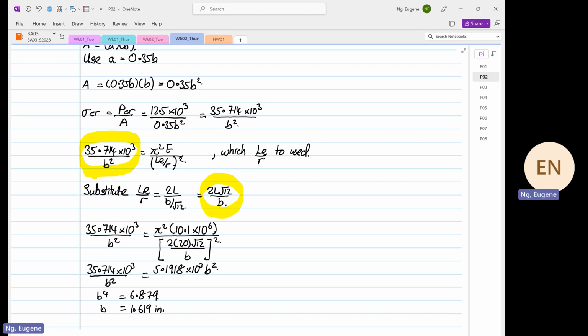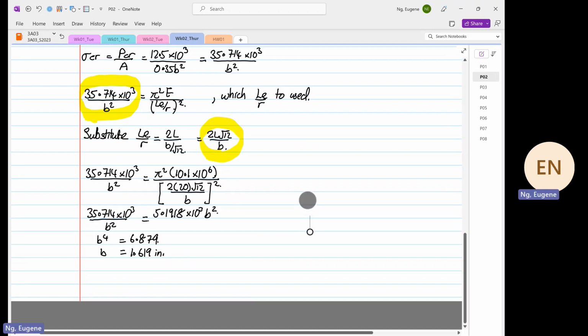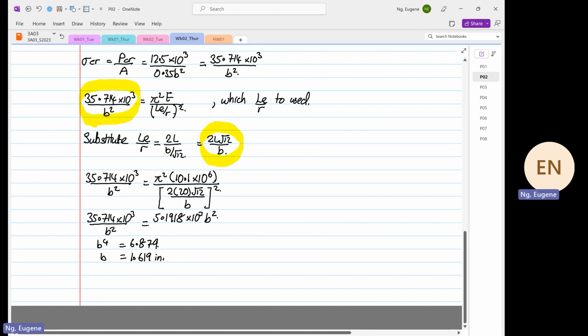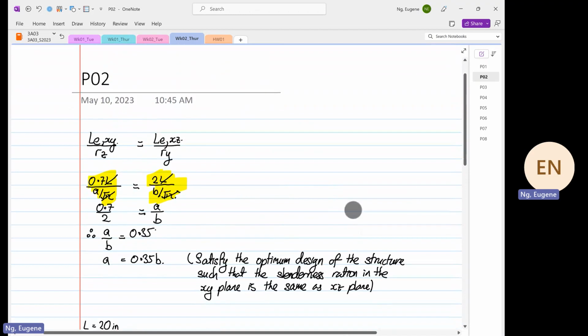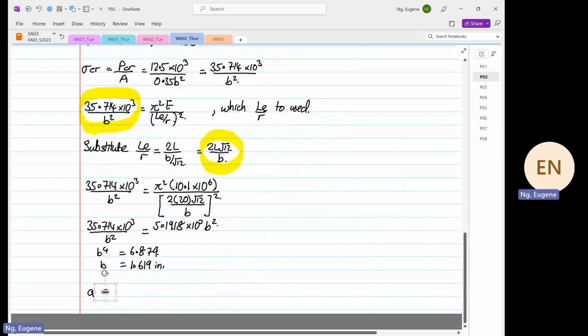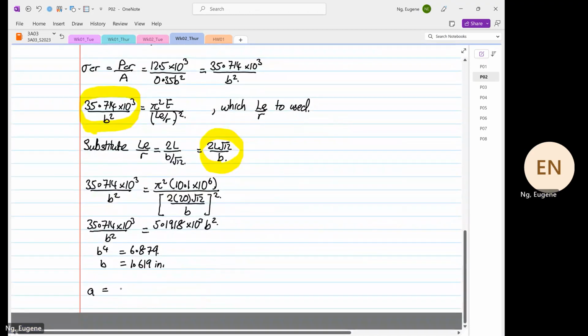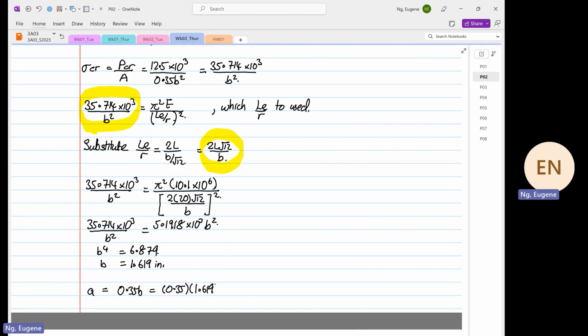Okay, it's 1.619 inches. So when that's the case, we know we have a relationship a is equal to 0.35b. So this is equal to 0.35 multiplied by 1.619, and this is equal to 0.567.